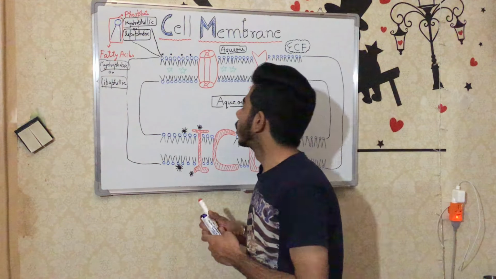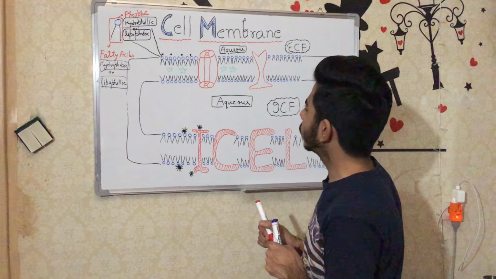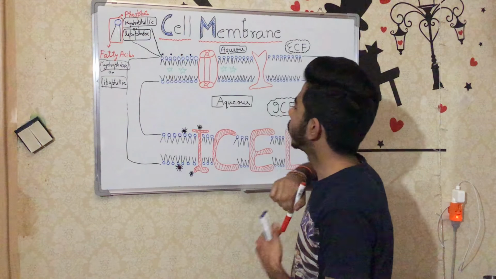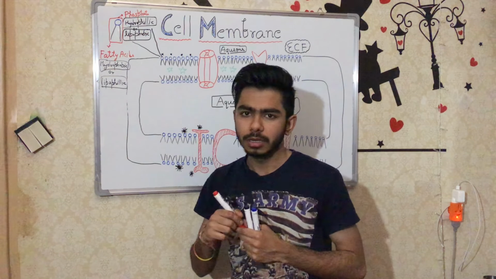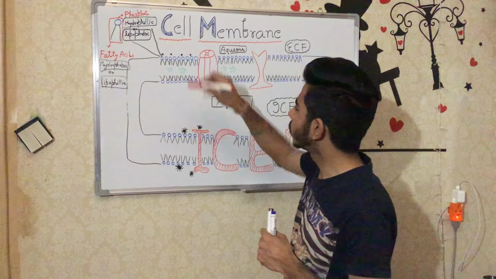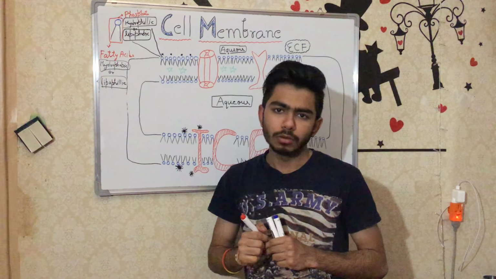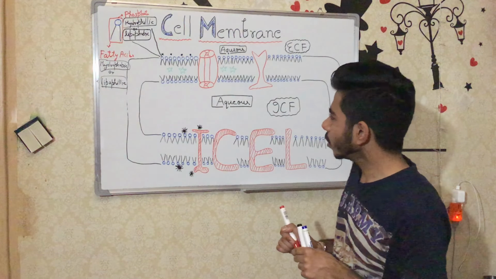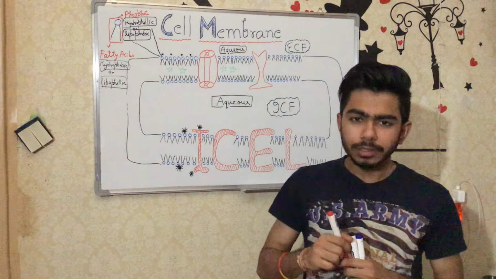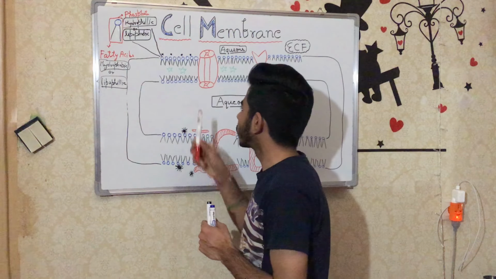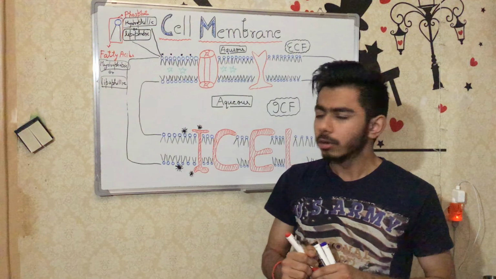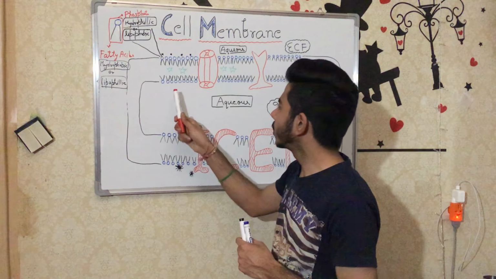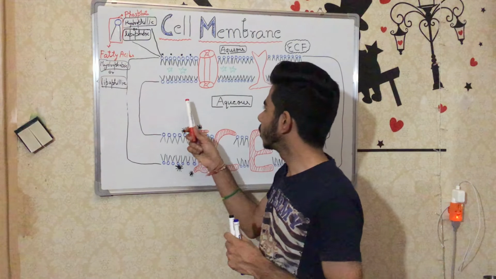Okay. And if you see what structures are made up of these phospholipids, extracellularly they are made up of sphingomyelin or sphingolipids. And on the inner side, they are also made up of substances, for example, phosphatidylserine and phosphatidylethanolamine.